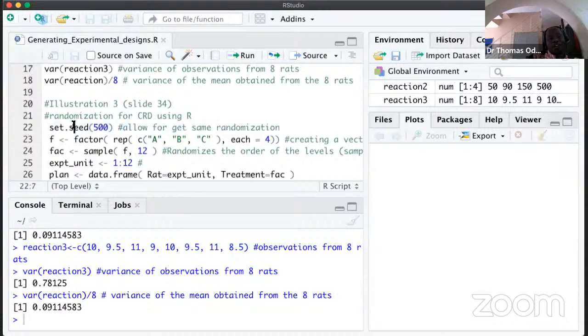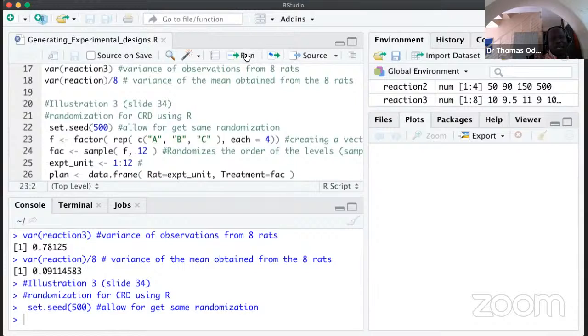If I want everybody to get the same randomization, we need to set the same seed. This seed can be anything, 1,000, 2,020, whatever it is. So we've set the seed. We can run that command.